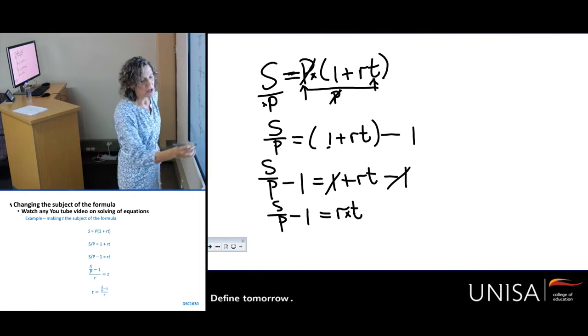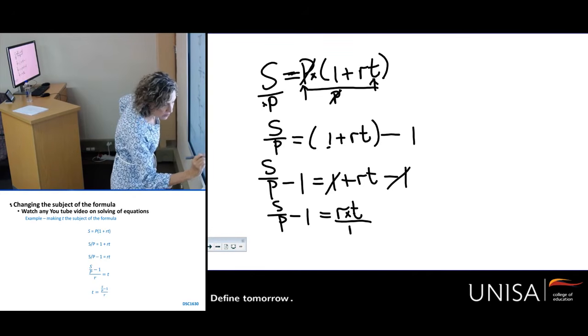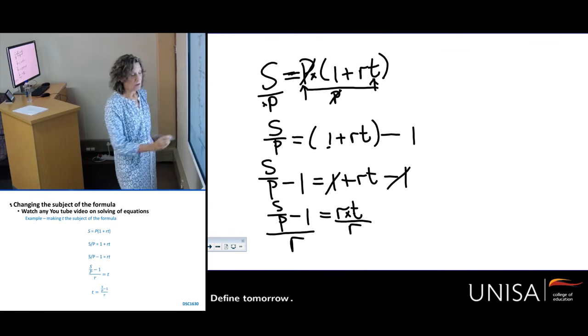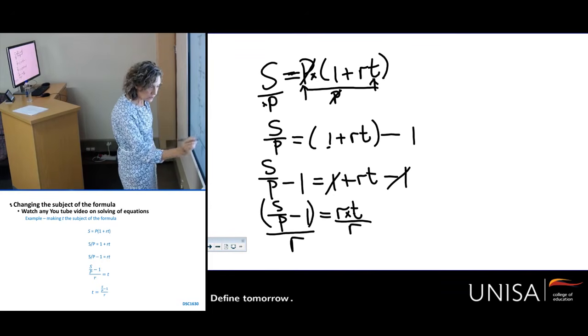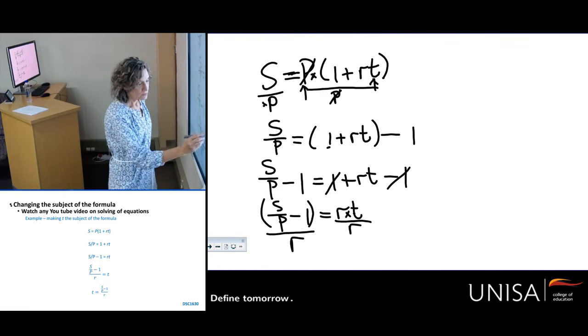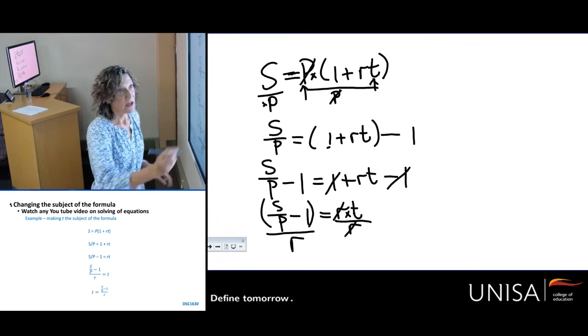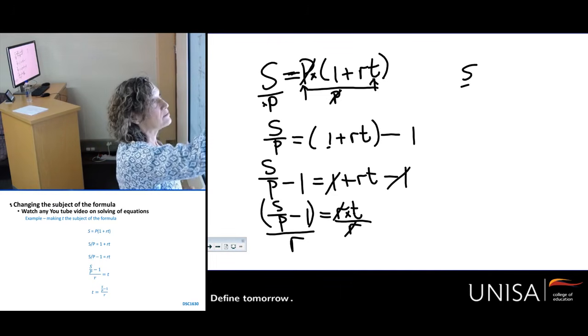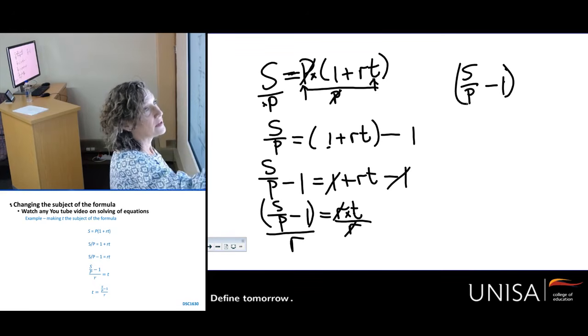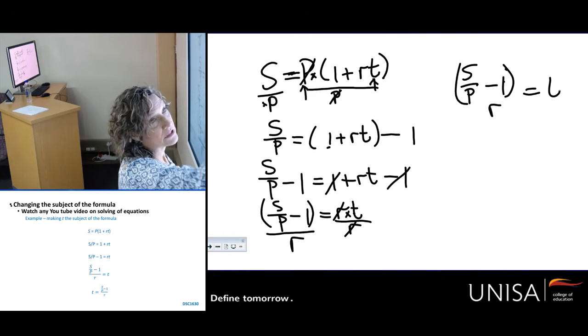Divide by R. If I divide that side by R, I need to do the same on this side, for the whole thing divided by R. The R's cancel out on the other side, and we will be left with S/P minus 1, divided by R, equals T.